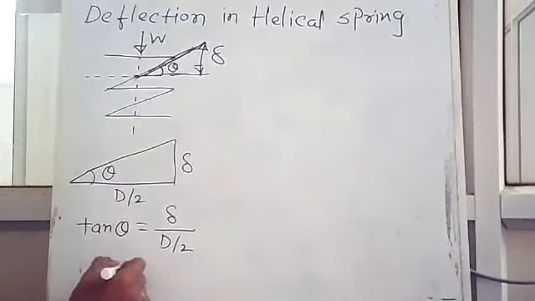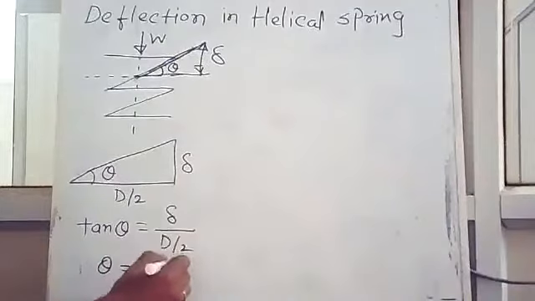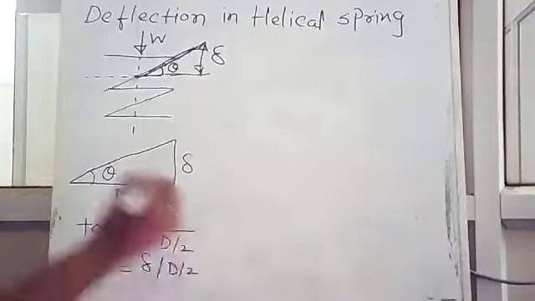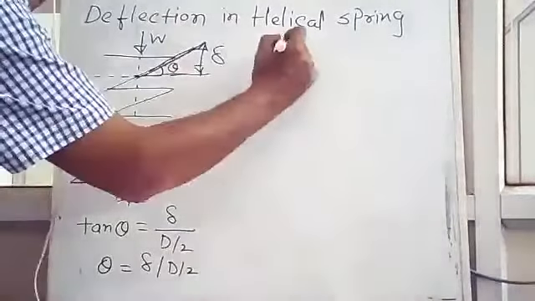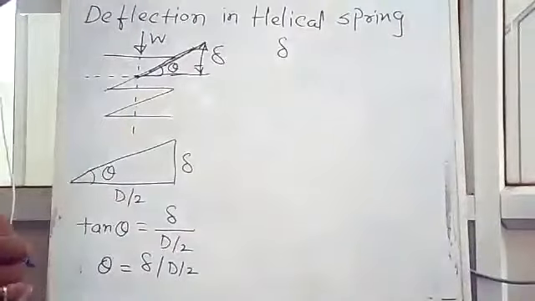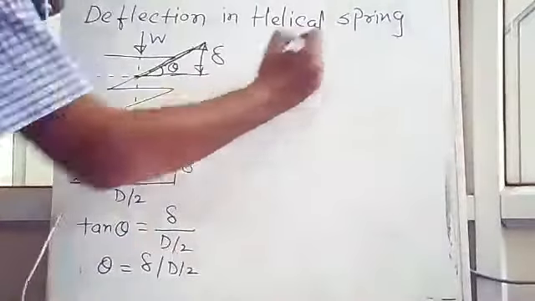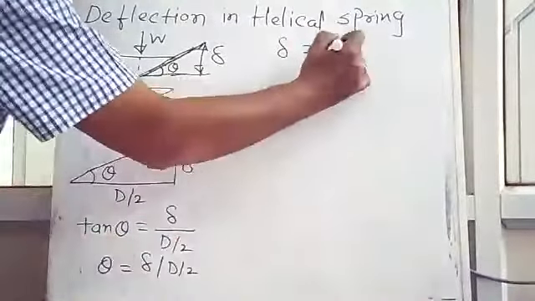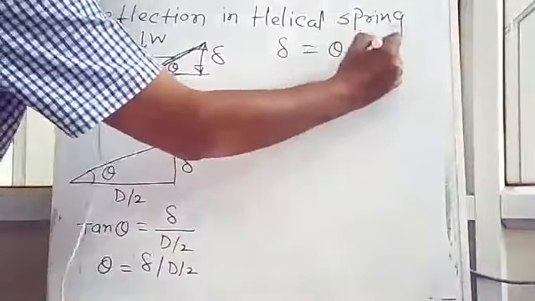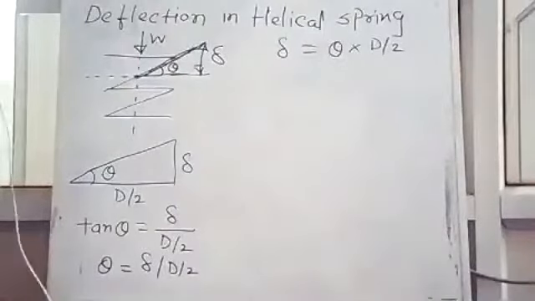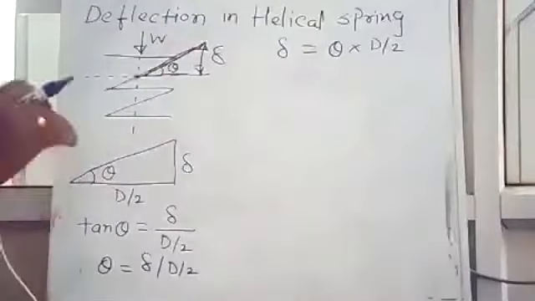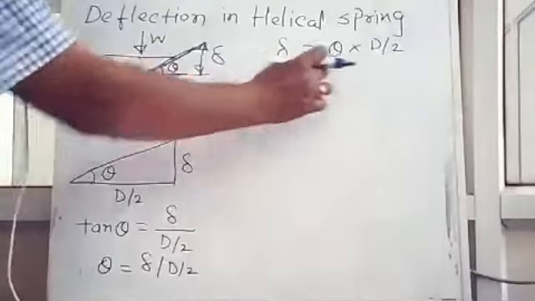So theta equal to delta deflection divided by d by 2. So this is the relationship. Or we can say that the deflection delta equals to theta into d by 2. Okay, so this is relationship between delta and theta.